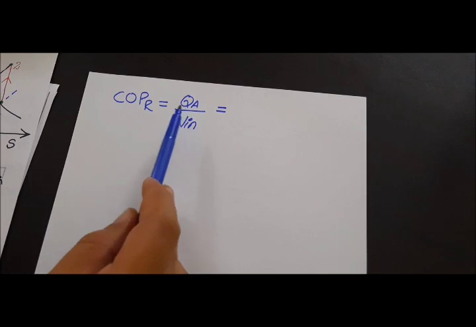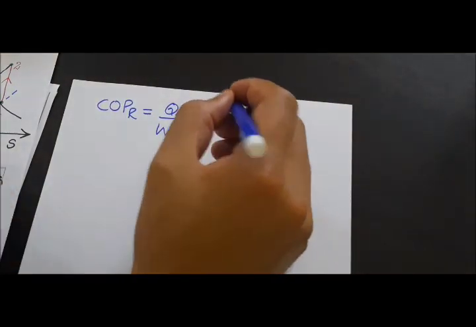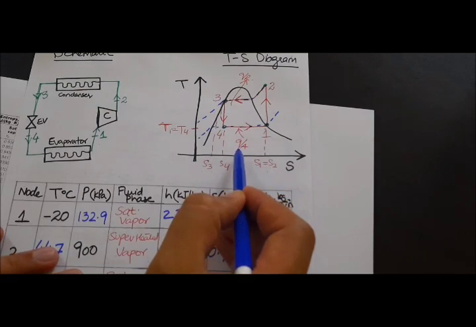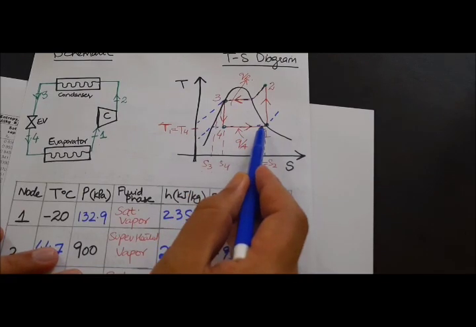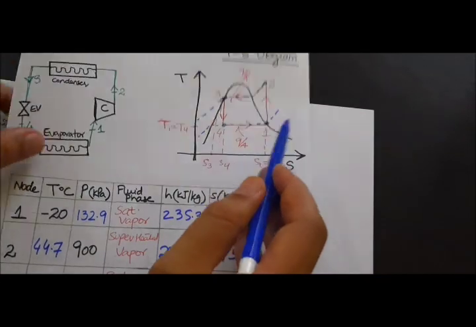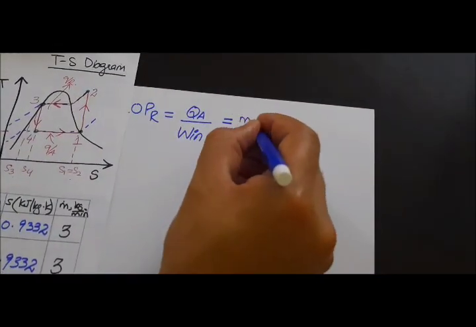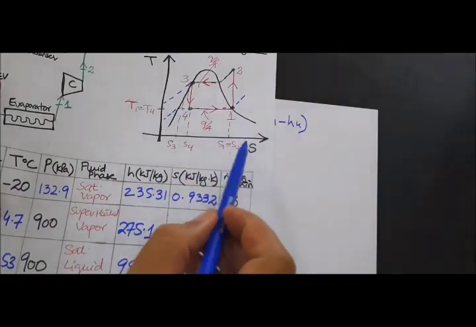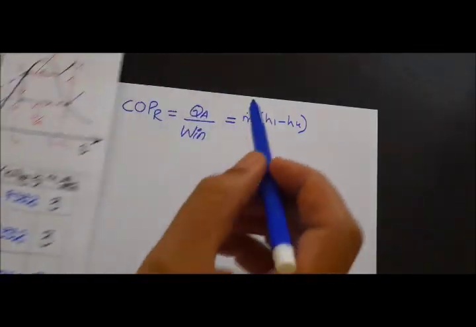Now what is QA? QA is the heat absorbed. You can see that the heat is absorbed right over here from 4 to 1, so it would be m dot (H1 minus H4), divided by work input.